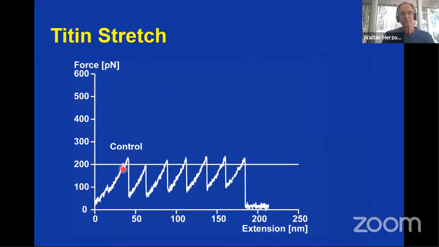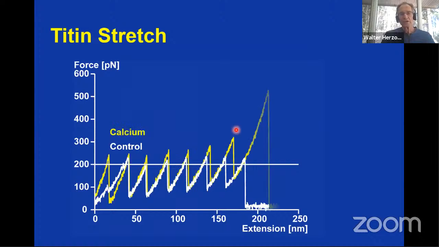So with atomic force microscopy, we unfolded these immunoglobulin domains, and it takes a certain amount of force, with little calcium concentration as control, and then with an activating calcium concentration shown here in yellow.